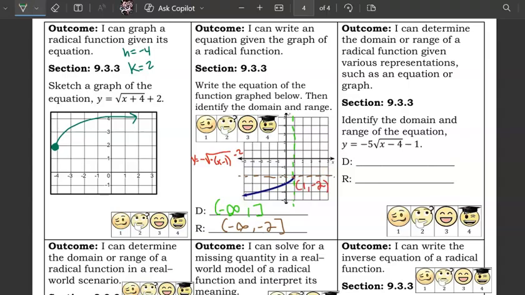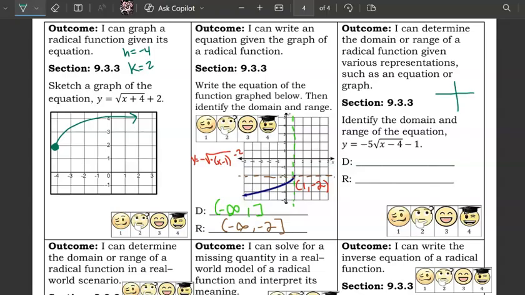Outcome: I could determine the domain or range of a radical function given various representations, such as an equation or graph. Identify the domain and range of the equation y equals -5 square root of x minus 4, minus 1. We did sketch a graph.